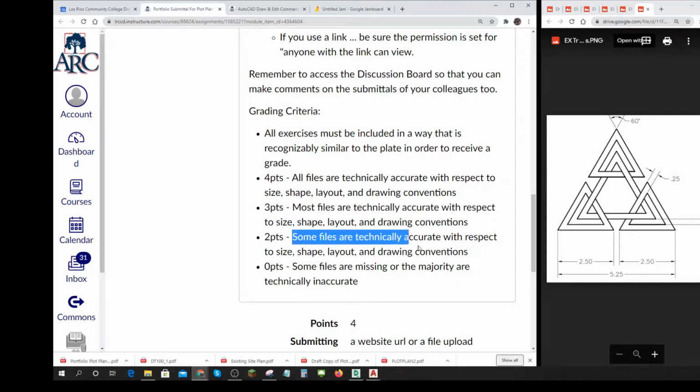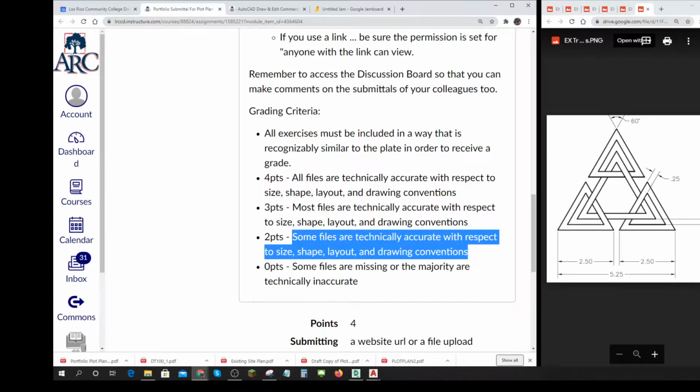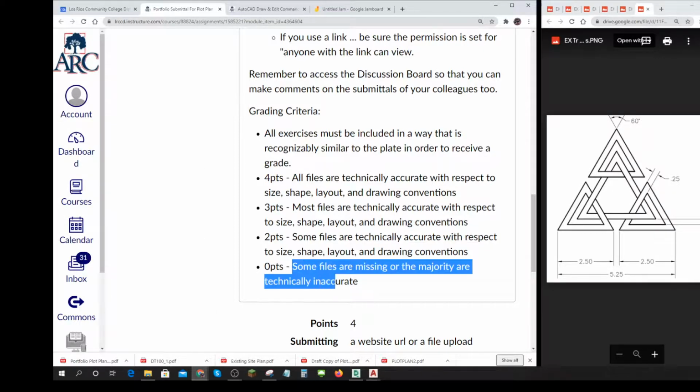If some of them are right, there's 1, 2, 3, 4, 5, 6. So most is like 4 or 5. Some is 2 or 3. If any of them are missing, if you only submitted 5, or most of them are technically inaccurate, you'll get a 0. Okay?